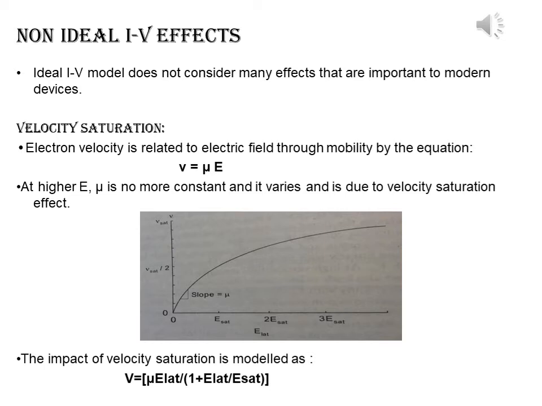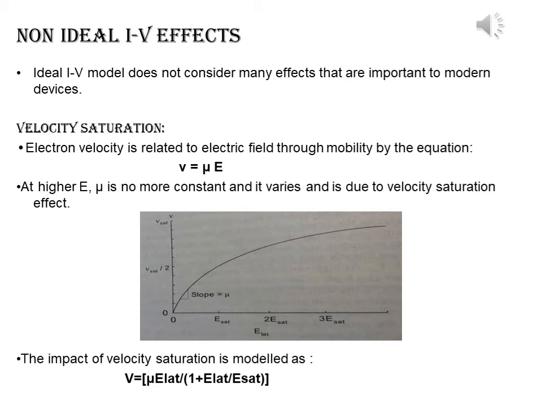So when the electric field reaches a critical value, say E saturation, then the velocity of charge carriers tends to saturate due to scattering effect at E saturation. It is as shown in the figure below. In the figure, you can observe the carrier velocity versus the electric field.